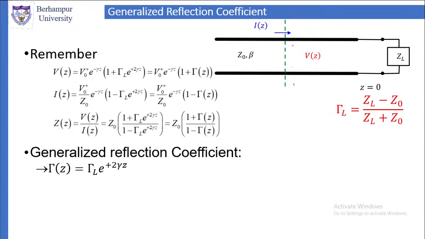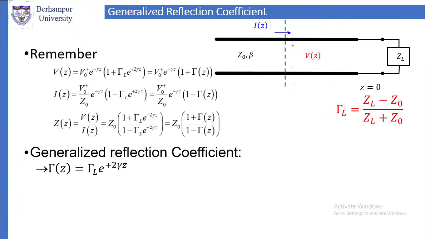For such a lossless transmission line, the voltage at any point Z, taking the reference point at Z, is V0+ exp(-jβz) into (1 + Γ_L exp(2jβz)).